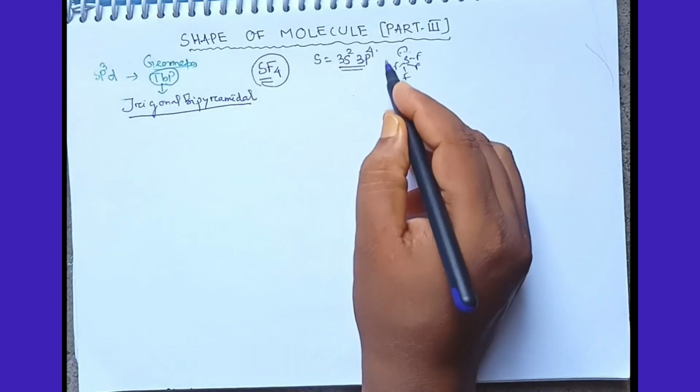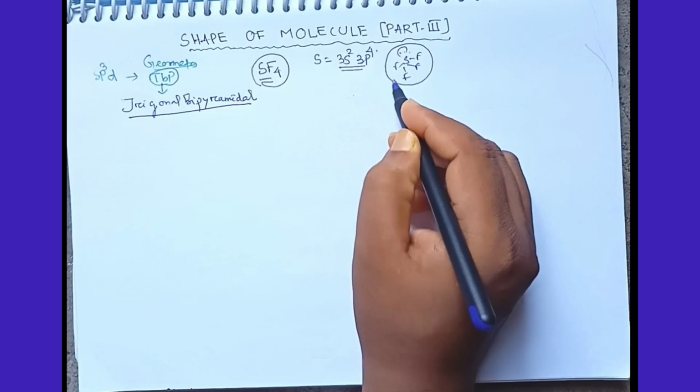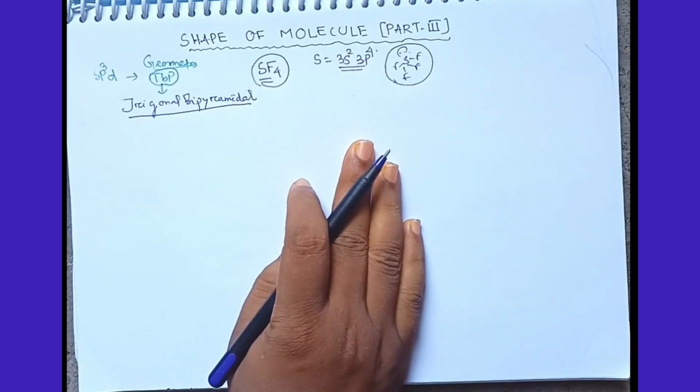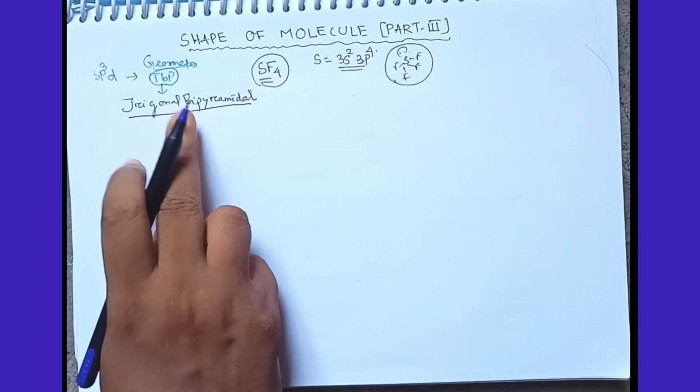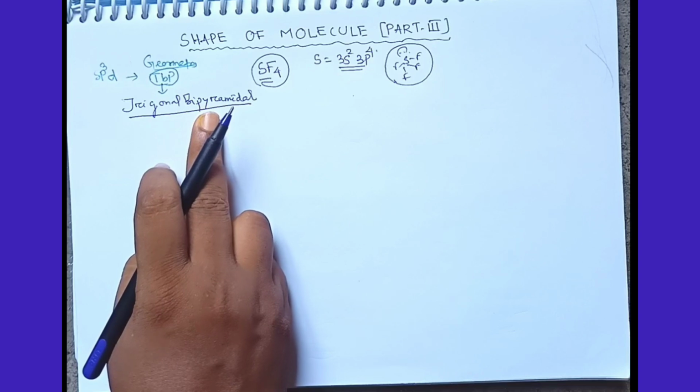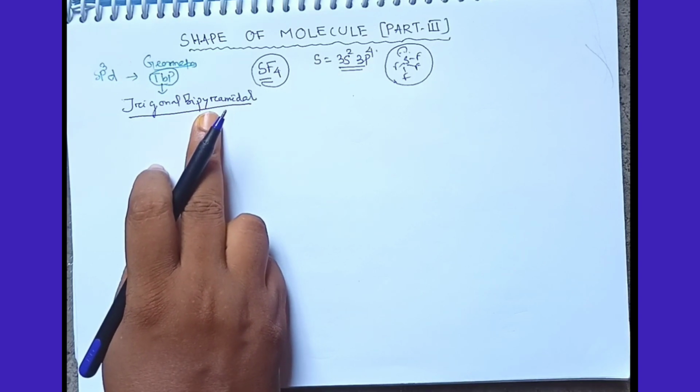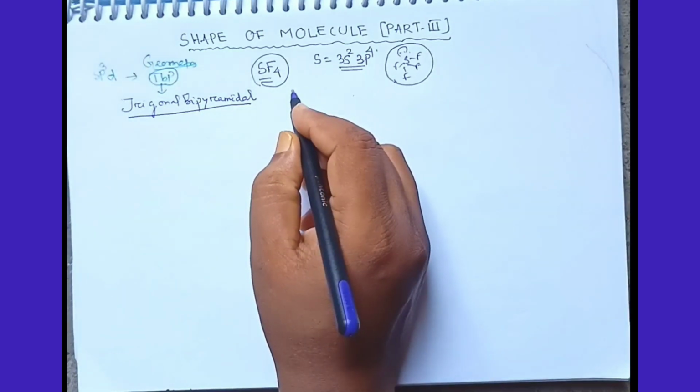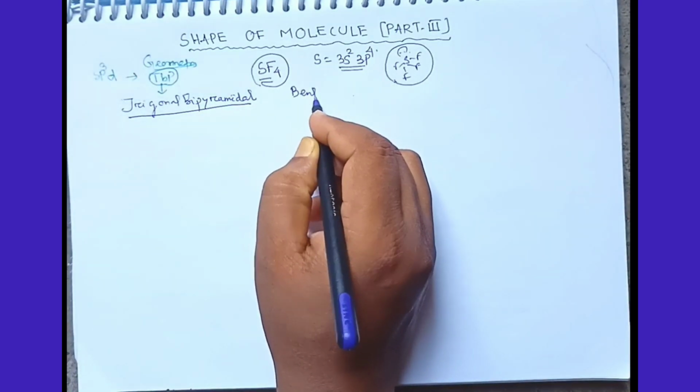So now how will we draw the shape of this molecule? What is the actual shape of this molecule? Will it look like trigonal bipyramidal? Let's see. In Bent's rule, we know that in the case of sp3d hybridization, we apply Bent's rule.